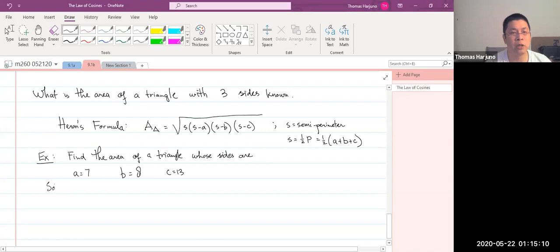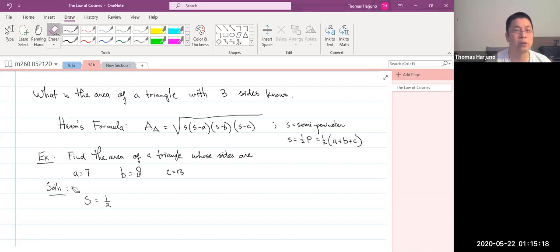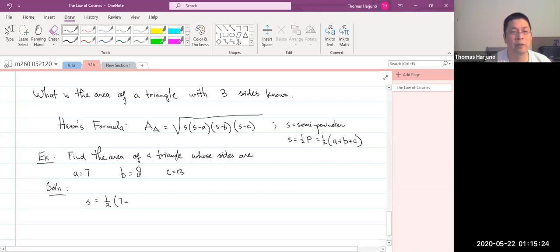So the solution: the first thing I will do is find the semi-perimeter. The semi-perimeter will be, it's actually lowercase s, not capital S, 1/2 of the perimeter, 7 plus 8 plus 13. I believe that's 14.